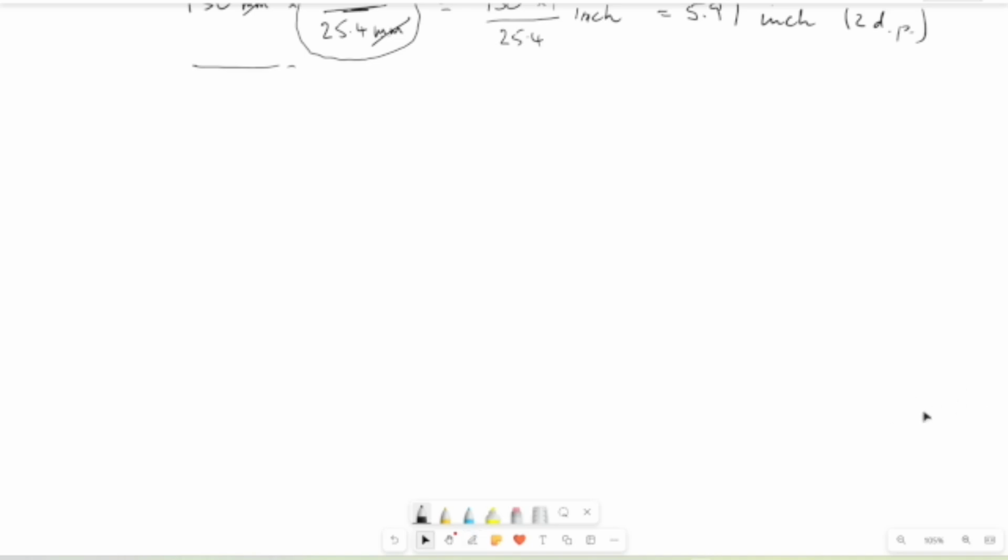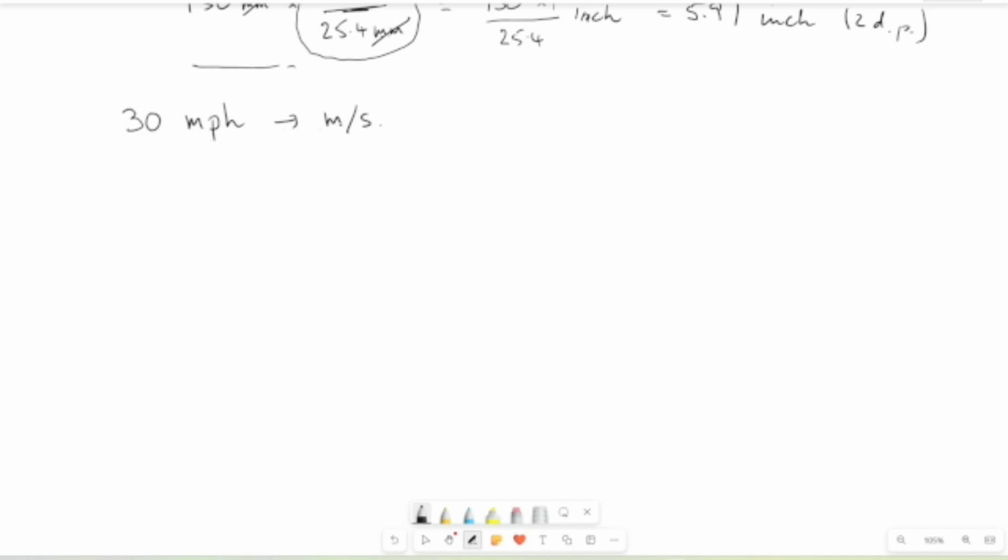We can chain these multiplications together to do more complicated conversions. For example, 30 miles per hour into meters per second. So they're both units of speed.